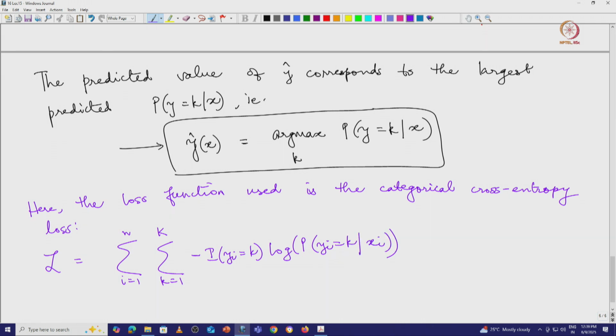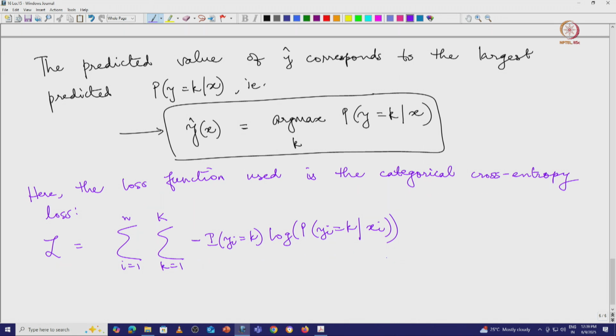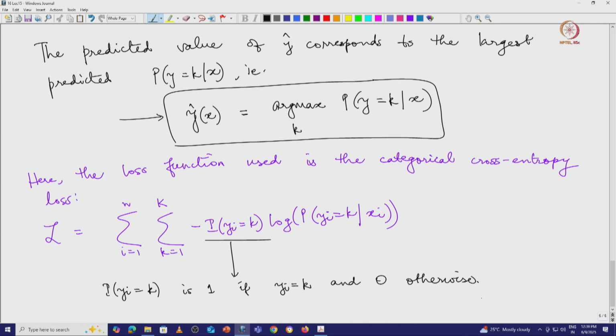Okay, so, this is how the categorical cross entropy loss looks like, and here this I is basically an indicator function. So, I(yi equals k) is 1 if yi equals k and it is 0 otherwise. So, if the point i really belongs to the kth class, then the indicator function is 1 and it is 0 otherwise.